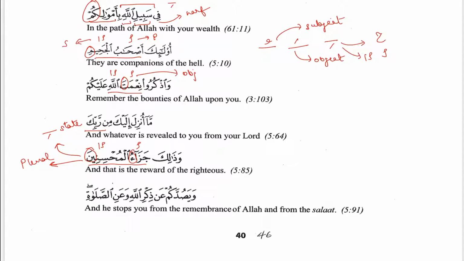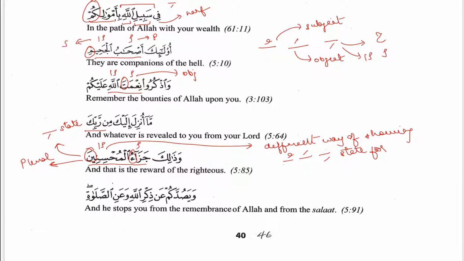In Jama Salim, the unbroken plurals, we have a different way of showing the state, and al muhsinina is in fatha state.